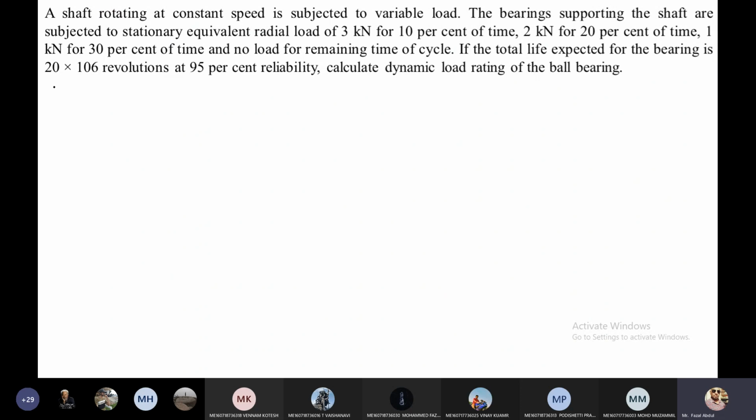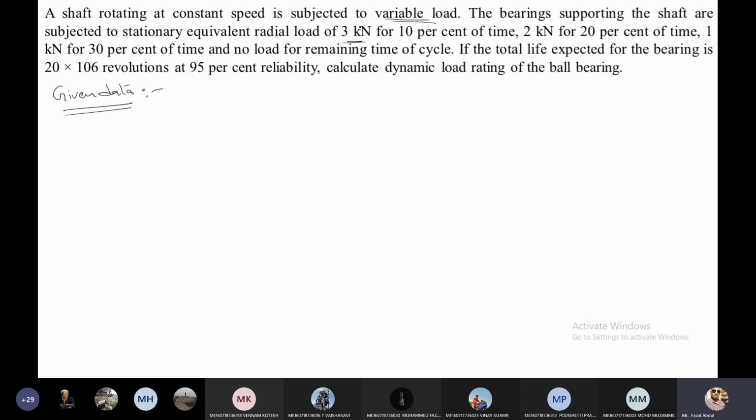Now see here some problems. A shaft is running at a constant speed, subjected to variable loads. The bearing supporting the shaft is subjected to a stationary equivalent radial load of 3 kilonewtons for 10% of the time, and 2 kilonewtons for 20% of the time.